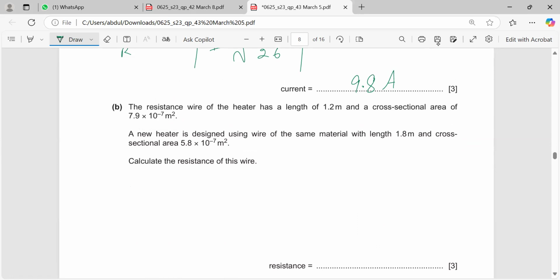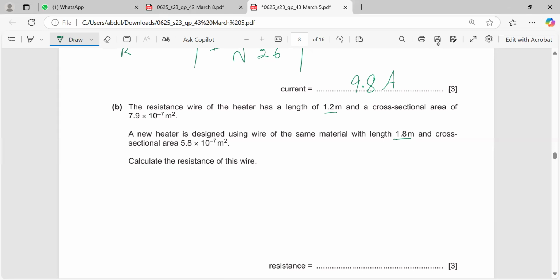Means if the wire in the first heater was made of nichrome, now the wire for the second heater is also made of nichrome, but with different dimensions. When I'm saying different dimensions, I'm talking about different length and cross-sectional area. Before length was 1.2 meter, now length is 1.8 meter.